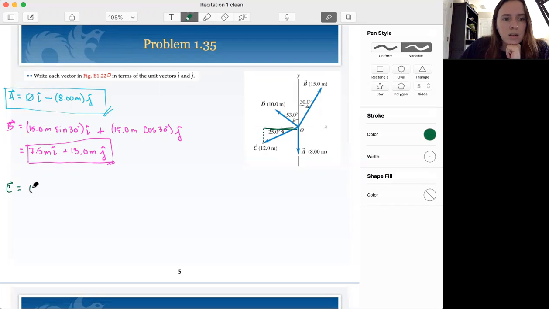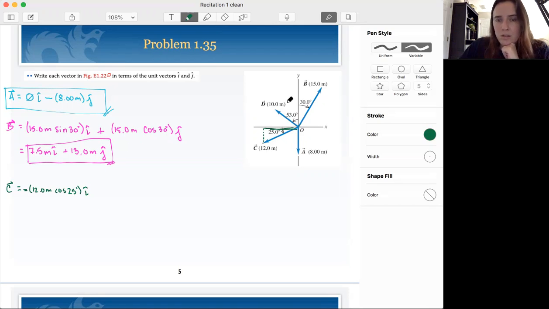So that's going to be our 12 meters cosine of 25 degrees I hat, but it's pointing left. That is the negative x direction, so you should get a negative number.